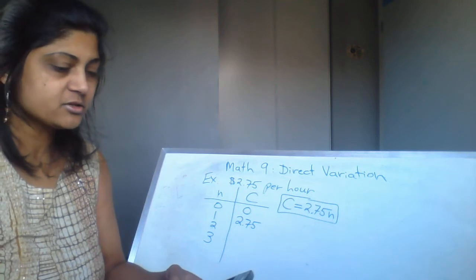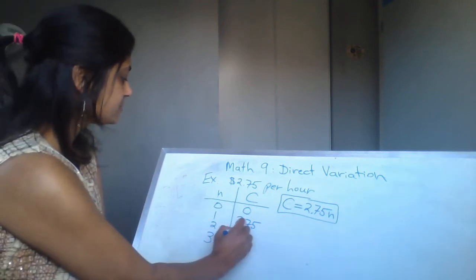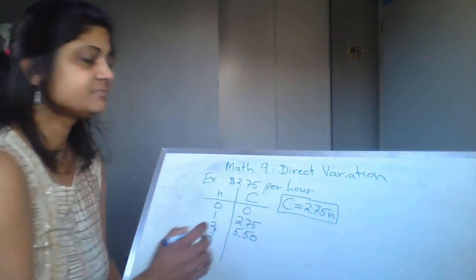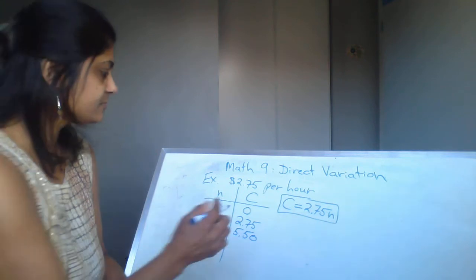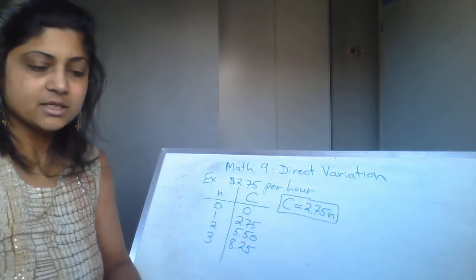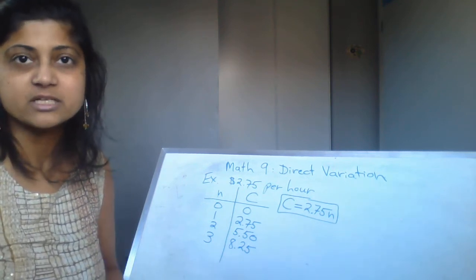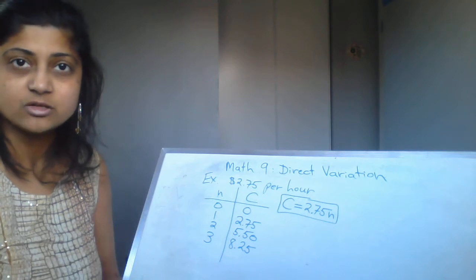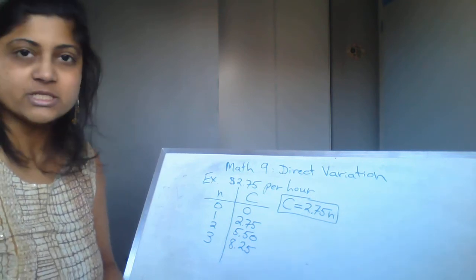Then you're going to do 2.75 times 2, which is 5.50, and then 2.75 times 3, which is 8.25. Make sure, because this is the cost, I always round it to 2 decimal places. I have the dollars and then the cents. So this is basically our table here.